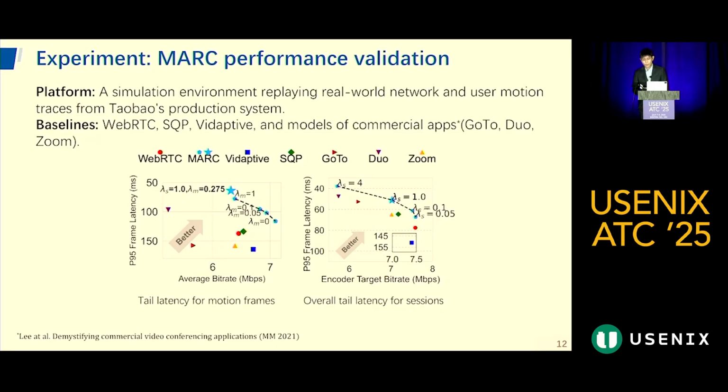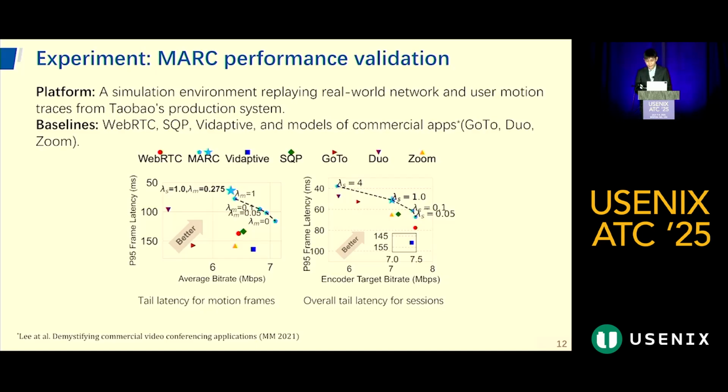We first evaluate MARC in a trace-driven simulation environment, replaying real-world network and user motion traces from Taobao's production system. We compared MARC against baselines, including WebRTC, SQP, Adaptive, and models of commercial applications. And this plot shows the trade-off between average bitrate and the 95th percentile frame latency.